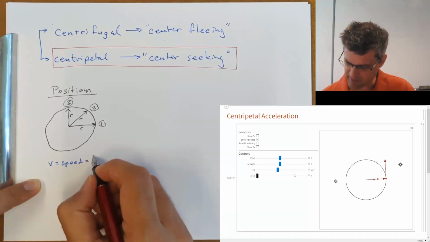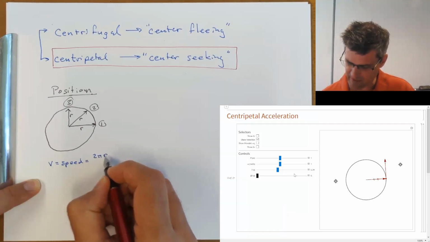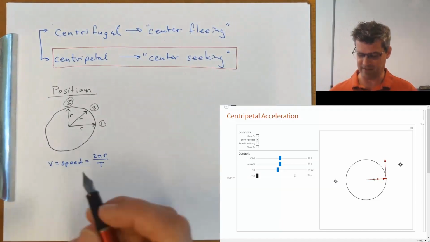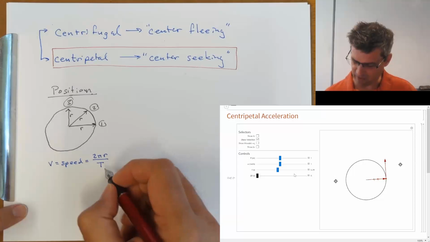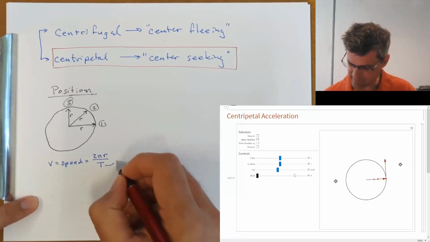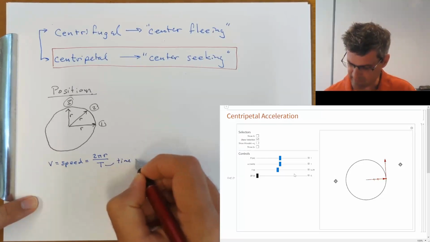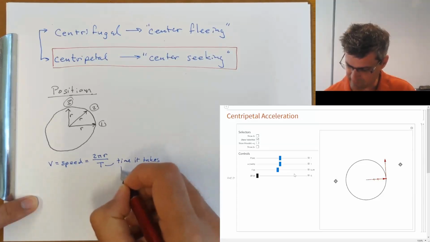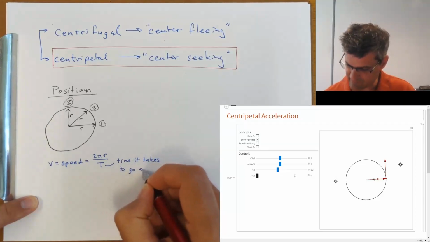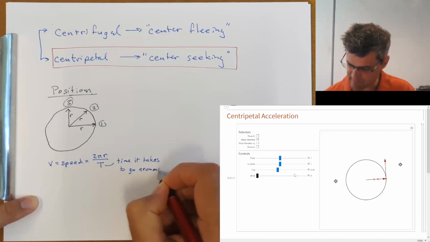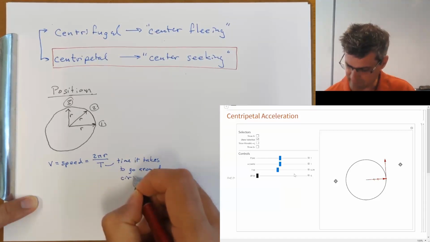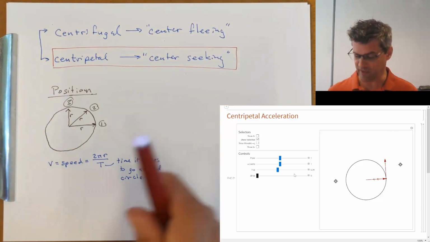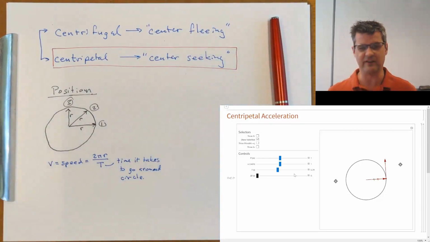We see that the particle is going a distance 2 pi r in some special time, T. This is the time that it takes to go all the way around the circle. Especially in the future, times like this will be called a period, but that's totally okay here.